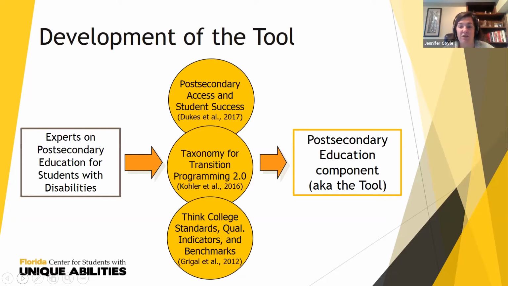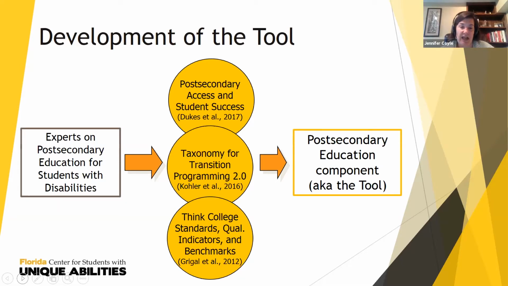The K-12 secondary transition tool has 5 different pieces in it. When we started looking at the post-secondary research and trying to figure out a way to bring all that information together in a meaningful way for practitioners, we were able to develop a post-secondary education tool, with the same idea of a taxonomy. It has 4 different domains, and each domain has different benchmarks, which we'll look at in just a couple of minutes.